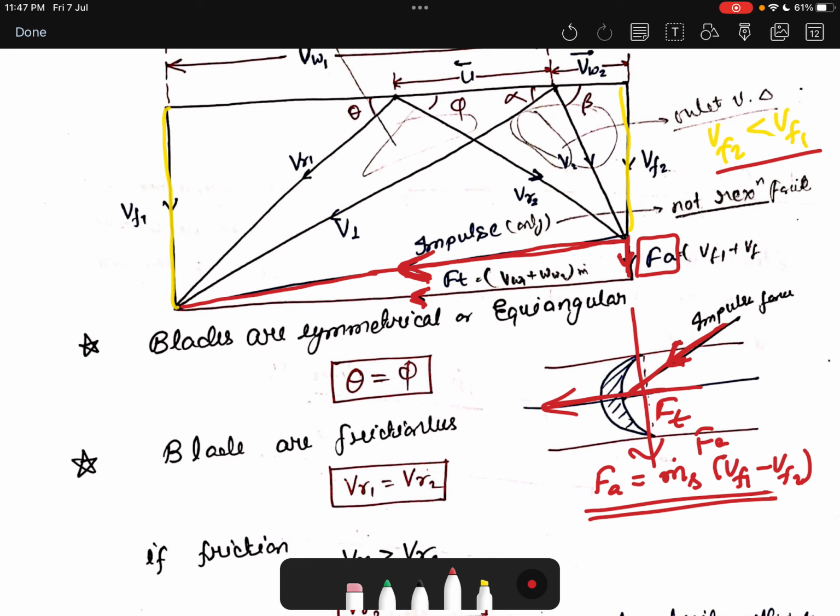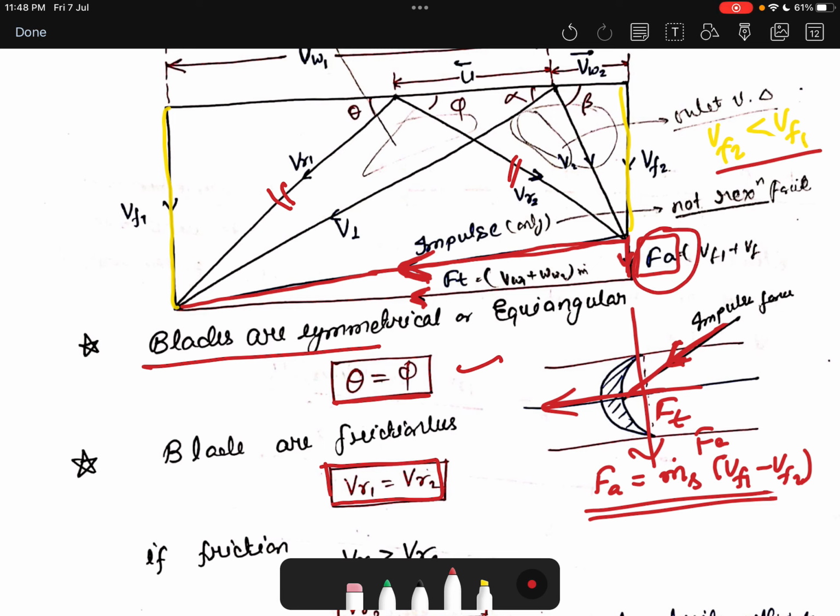From this figure we have to understand that theta is equal to phi, because the blades are symmetrical, and because they are frictionless, Vr1 is equal to Vr2. That's why we are getting this type of diagram. You might ask, if Vr1 is equal to Vr2, then why are we getting the extra force here?